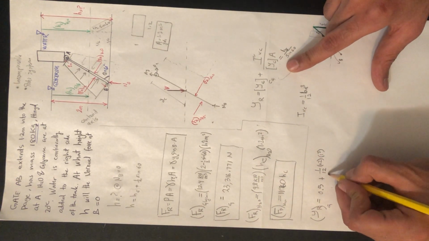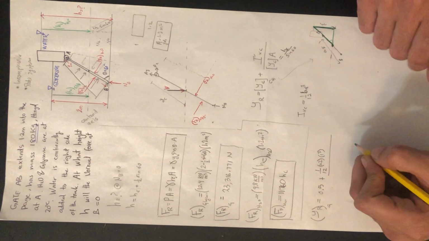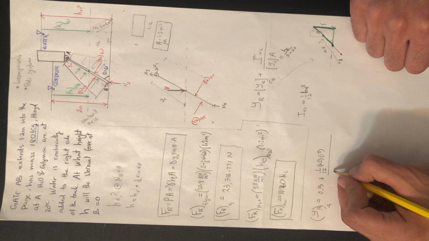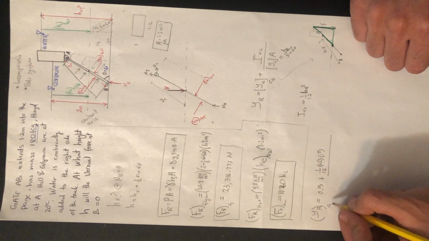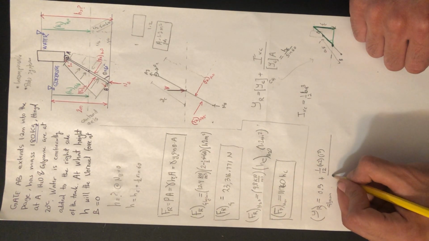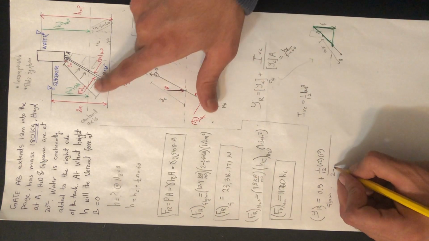We did say we know our HC value for glycerin. It's 2 minus the vertical distance.